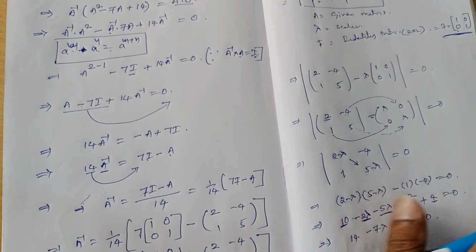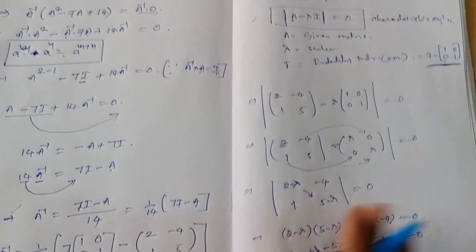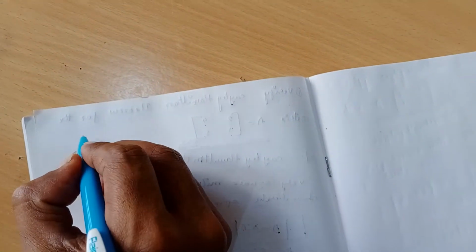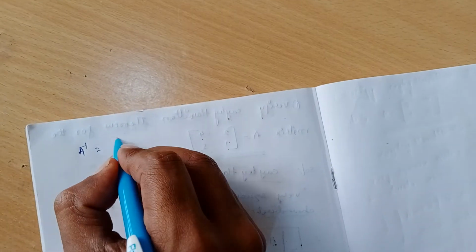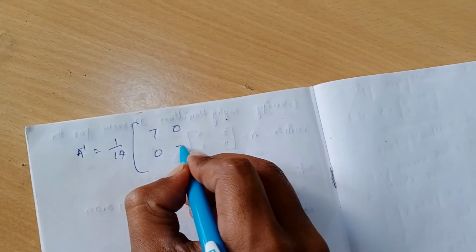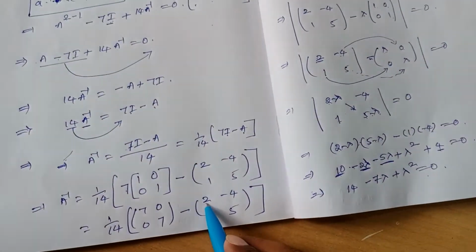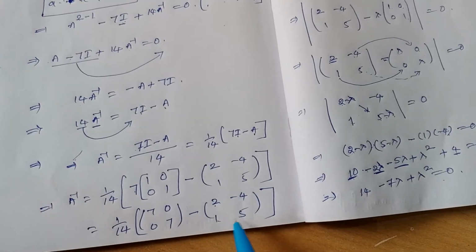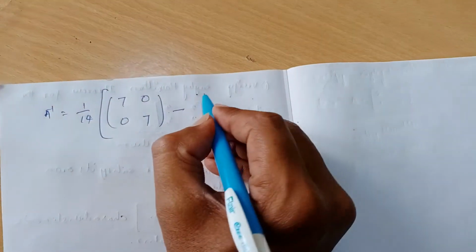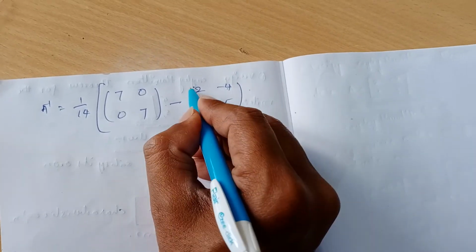So A inverse is equal to 1 by 14 into 7 0 0 7 minus 2 minus 4 1 5.